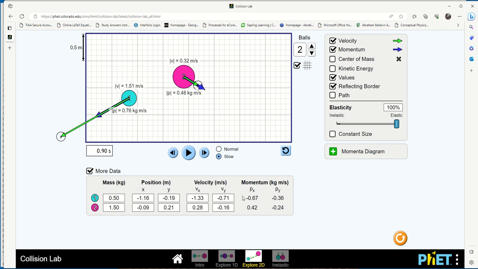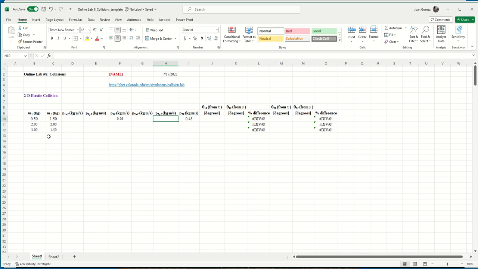Where it's PX, the minus 0.67 is P1X final. The minus 0.36 is P1Y final. The 0.42 is P2X final. The minus 0.24 is P2Y final. That's how I fill out the remainder of those values. Let me pause it and put those in there.